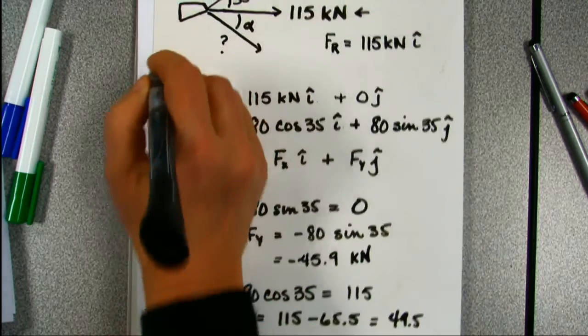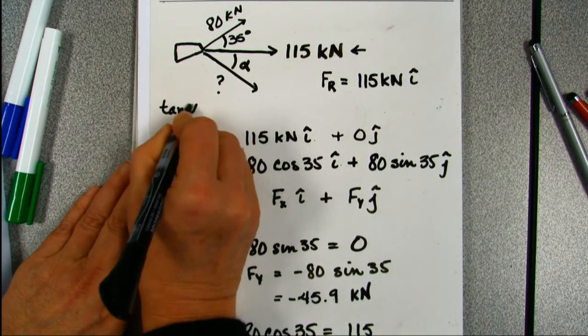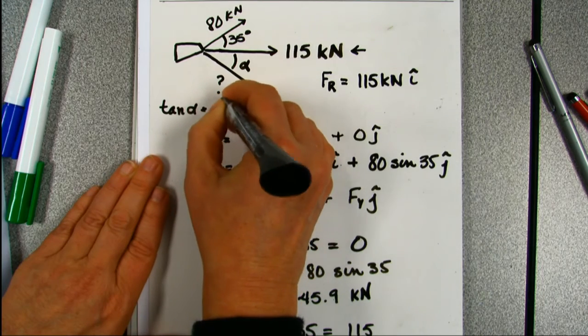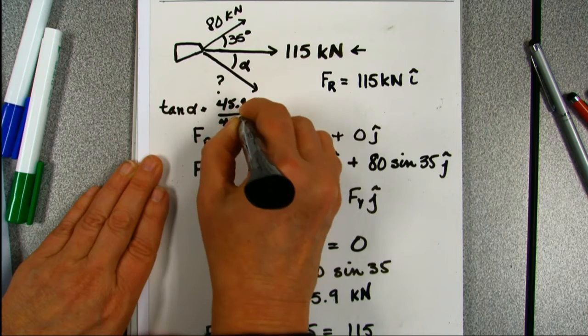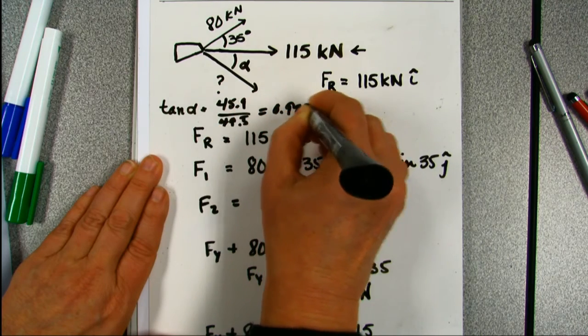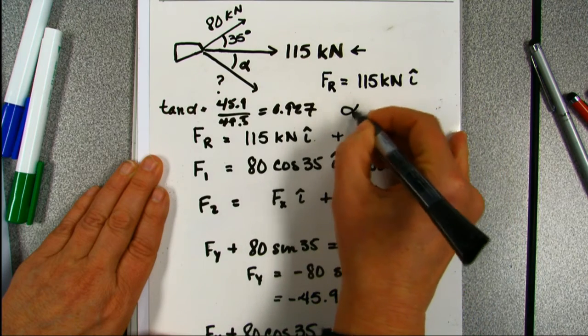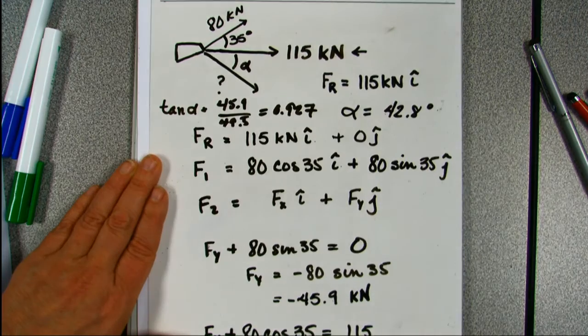Which means the tangent of my angle has got to equal 45.9 divided by 49.5, which is 0.927, and it gives me alpha is equal to 42.8 degrees.